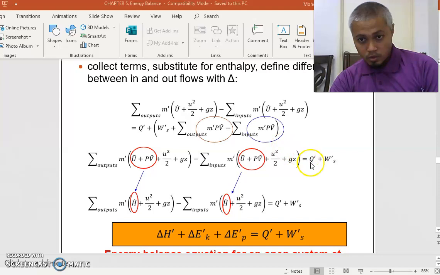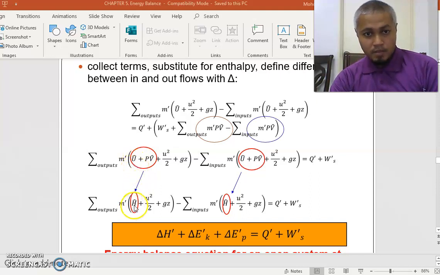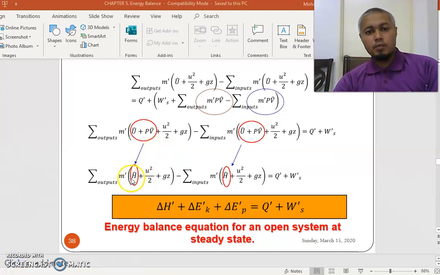See, we have Q plus Ws left here, after we move E output and also E input here. And then this is equal to the enthalpy that we have learned before, U plus PV. And then we can simplify this formula, because this is enthalpy, this is kinetic energy, this is potential energy, and this is output minus input, where we will have delta H plus delta EK plus delta EP equals Q plus W.